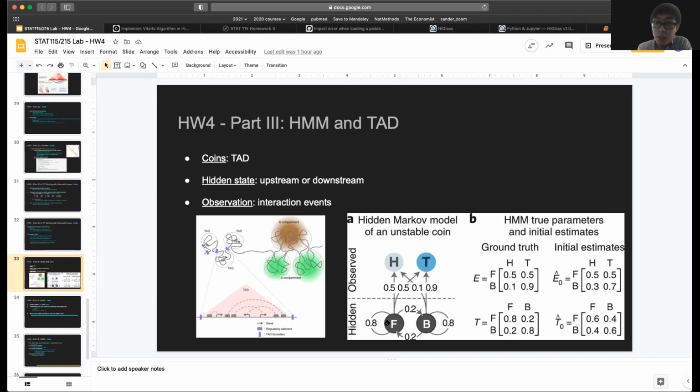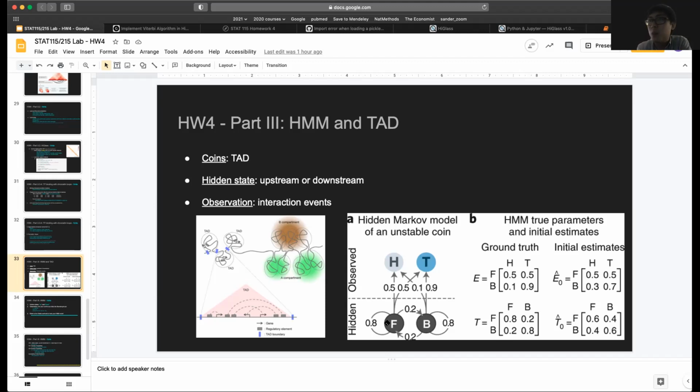The only observation we can make is whether we have an interaction event or not, instead of whether the regions are spatially closer to each other or not. So with this all set up, we can use the hidden Markov models that have been published out there. There are multiple different versions everywhere.